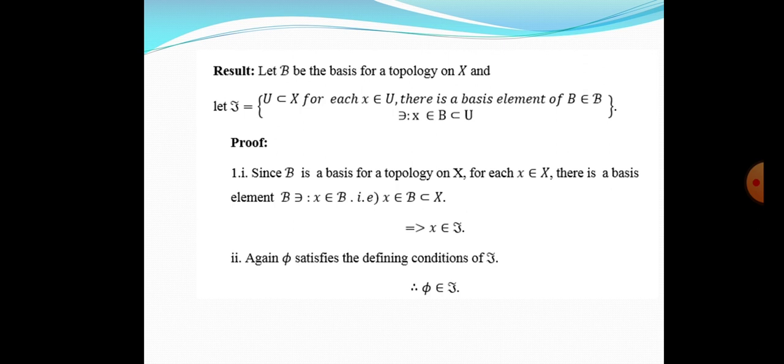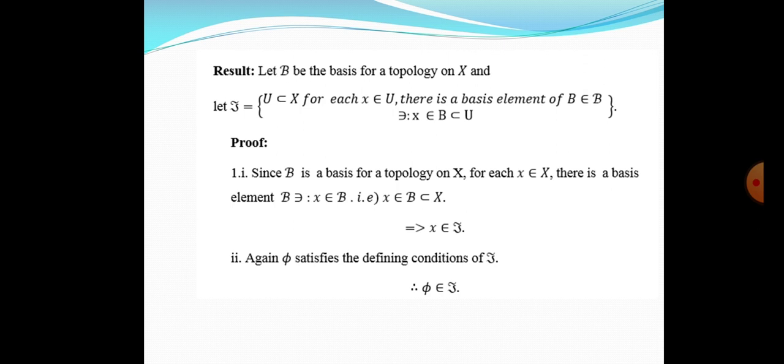So since script B is a basis for the topology on X, for each small x belongs to X, there is a basis element B such that x belongs to B. That is, x belongs to B means B is a subset of X because X is the whole set.